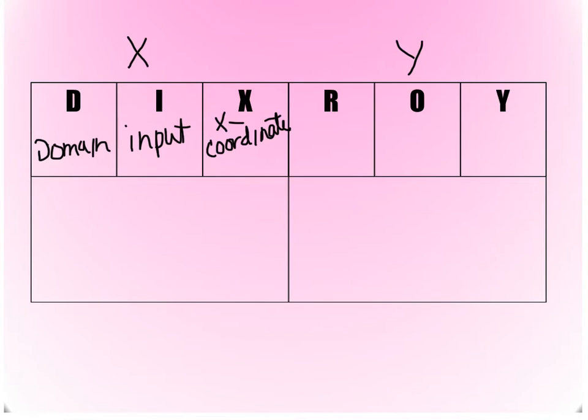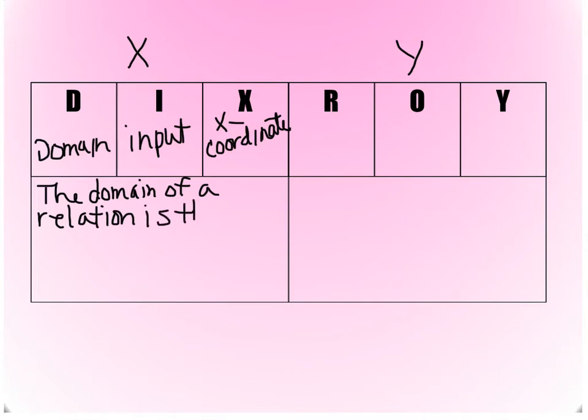And a definition for domain is: the domain of a relation is the set of all inputs, or in other words, X coordinates.